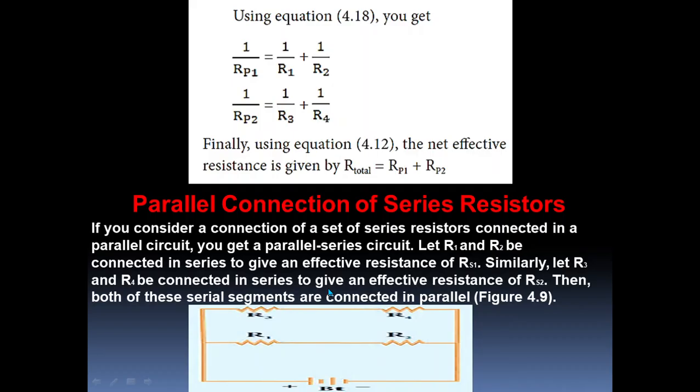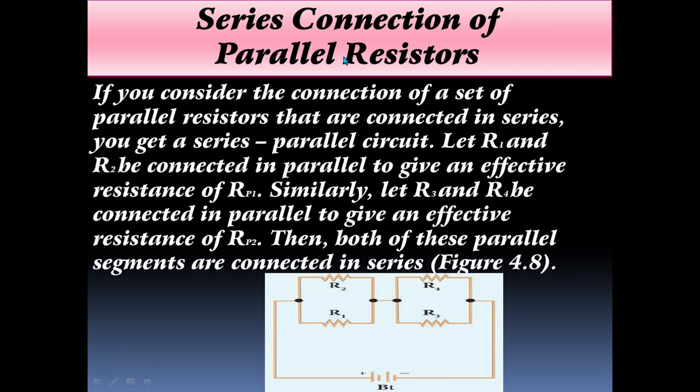That is why the total resistance in series is equal to Rp1 plus Rp2, that means the effective parallel resistance of the first pattern plus the effective parallel resistance of the second pattern. Once again, the total resistance in series is calculated by the effective resistance in parallel of pattern 1 plus that of pattern 2. This is the important formula of series connections of parallel resistors.